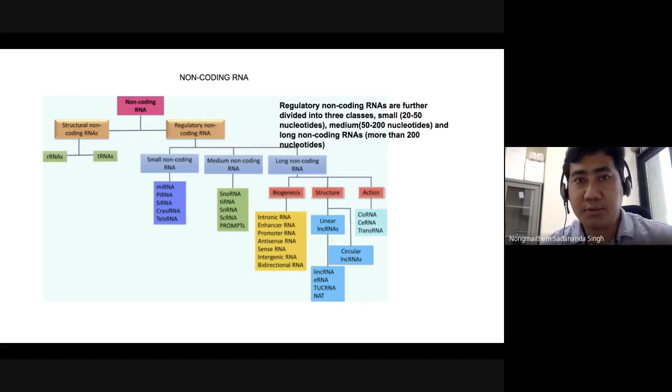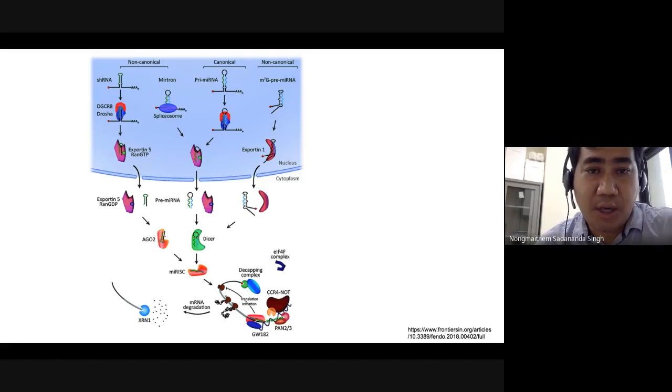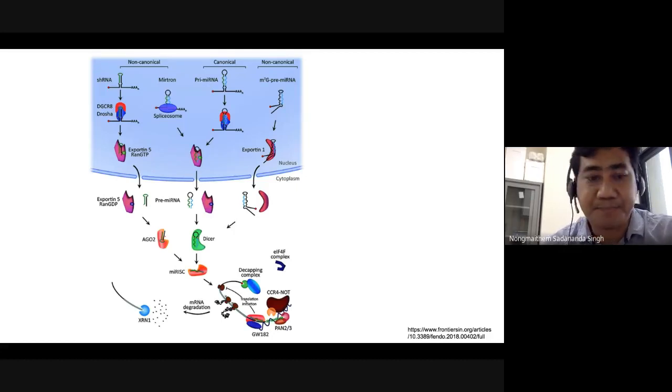So today, to go ahead, we start with the small RNA, more importantly the microRNA and the shRNA, and we'll be talking briefly about siRNA.